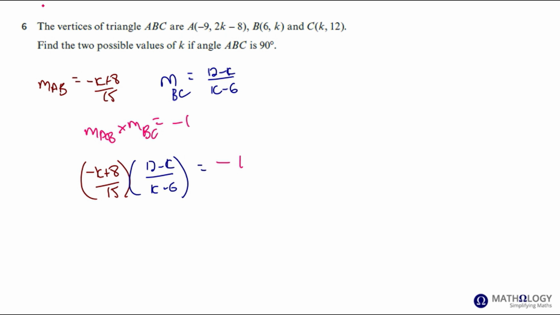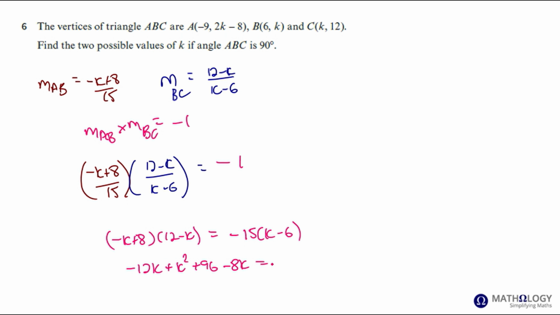And now we just solve for k. So (-k + 8)(12 - k) equals -15(k - 6). That gives -12k + k squared + 96 - 8k equals -15k + 90.